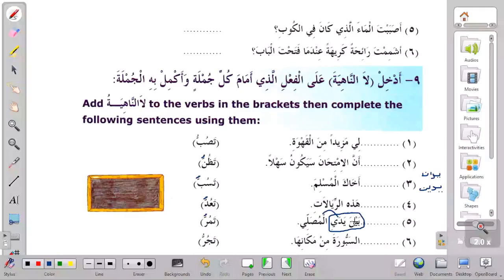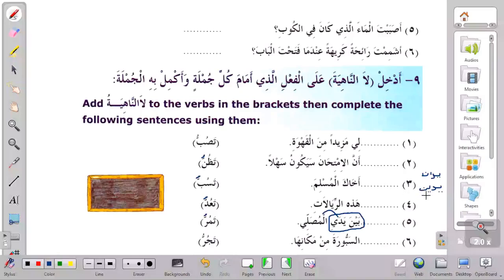Bayna is mudaf, yaday is mudaf ilayh, but it is also mudaf to the musalli. You can see yadayil musalli. So the musalli is mudaf ilayh. As we said last time, when mudaf is musanna, the noon has to drop. That is the sign that it is mudaf.